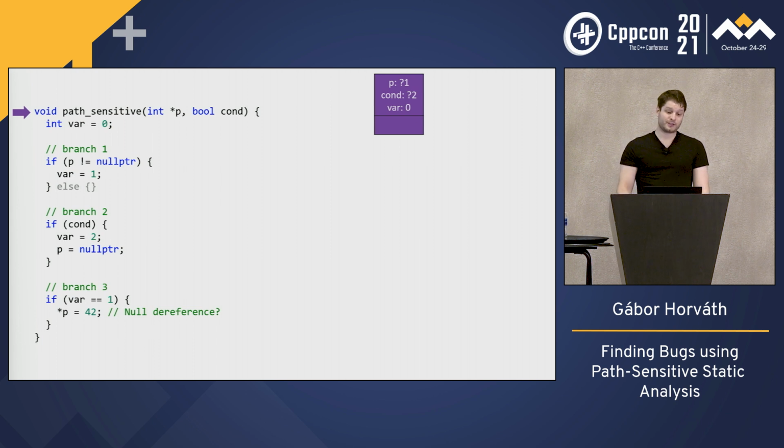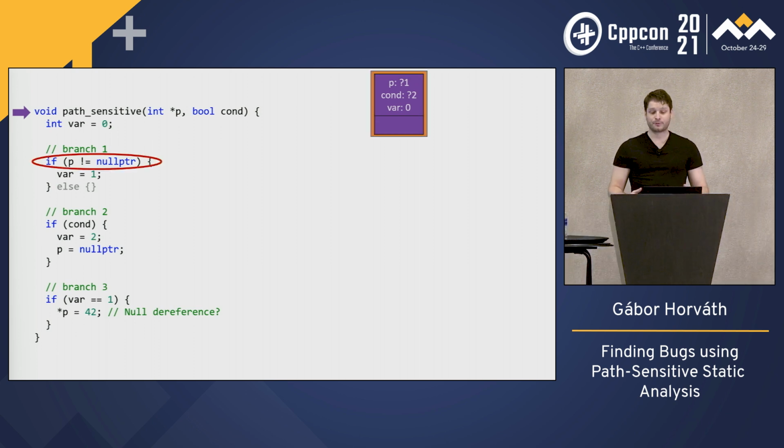So I know nothing initially about the value of p and the value of cond, and I know that var is initialized to 0. So for the two values that I know nothing about, I will introduce unknown symbols. So these (1) and (2), these are two symbols that can have any value, and at this point, I don't know anything about these values.